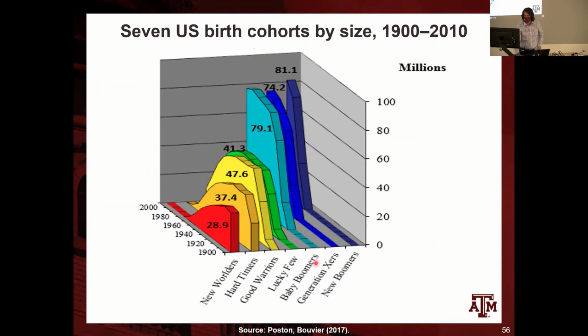But then when you get into the baby boomers, you had this huge increase in the overall size of the population. But then, because you have a huge increase in the size of the population, these people here are going to have children that will be born in future generations. So it doesn't go down anymore because now you have more people available to have children, right?